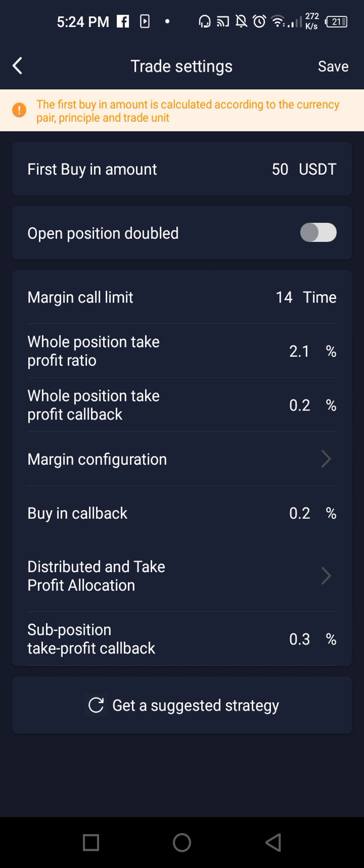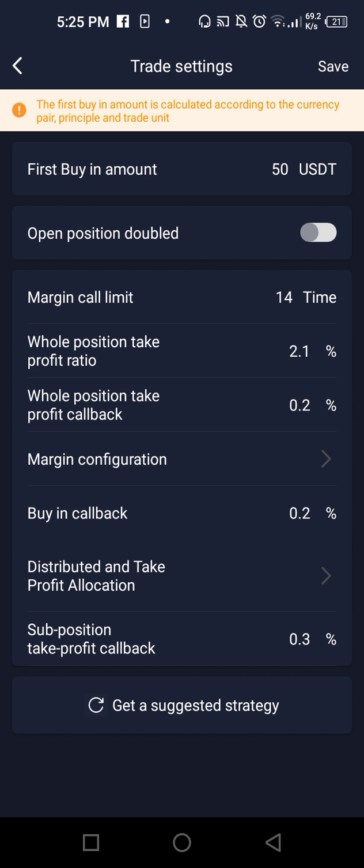So get ready. It's not actually taking profit at that point. So you instruct the bot to get ready, and then the whole position take profit callback states that if it has gotten to 2.1 and it steps back by 0.2%, meaning that it was at 2.1 and then you now find it at around 1.9, take the profit instantly.